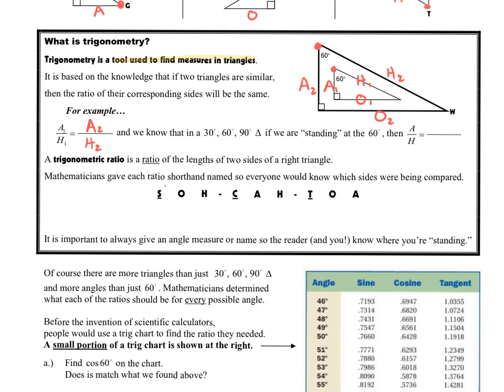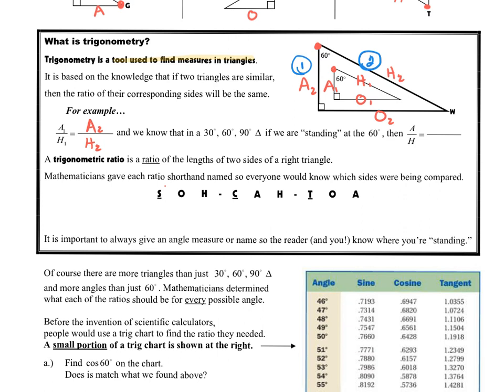Now, if this is a 30, 60, 90 triangle, as I've had it labeled, then what we can do is we could actually put some measurements on that, okay? So we know in a 30, 60, 90 triangle that the short leg across from the 30-degree angle can be labeled as a 1. We know that the hypotenuse can be labeled as a 2 if we're thinking about our extended ratios.